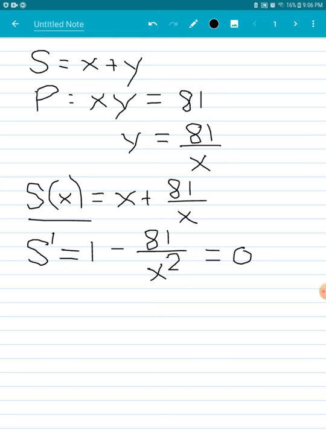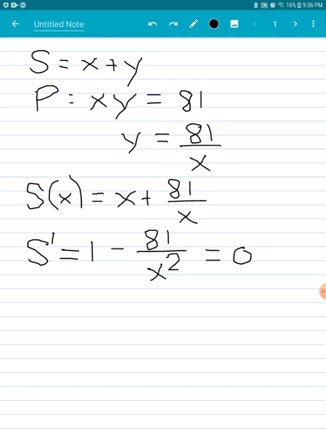So next we get the other number y, and that can easily be found by plugging x equals 9 into the formula here. So if we replace x by 9, we get y equals 9. So let's just write those again.